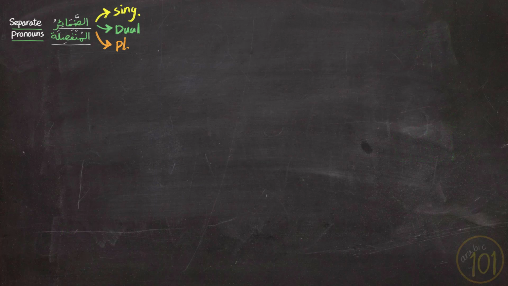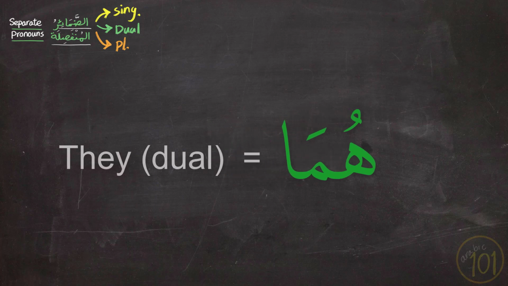The final pronoun for the dual forms is huma, which is the third person pronoun, which means they. And again, they here refers to two people. And it's been used only one time in the Quran when Allah was telling us about the journey of Prophet Muhammad, peace be upon him, and his companion Abu Bakr as-Siddiq, may Allah be pleased with him.